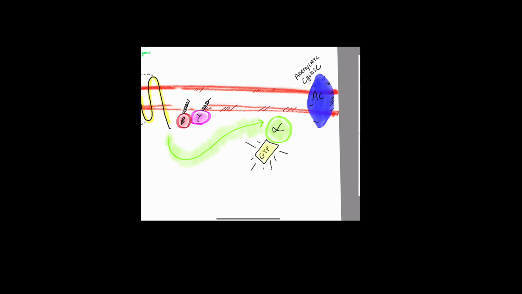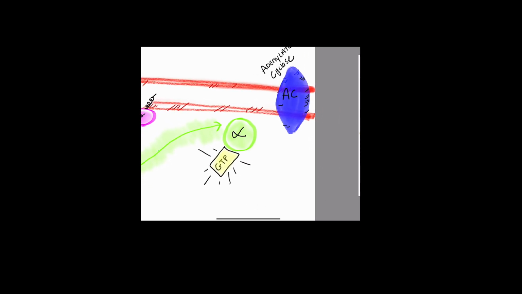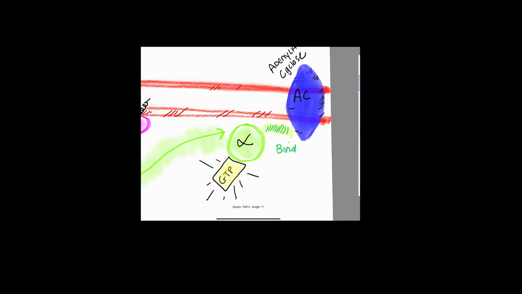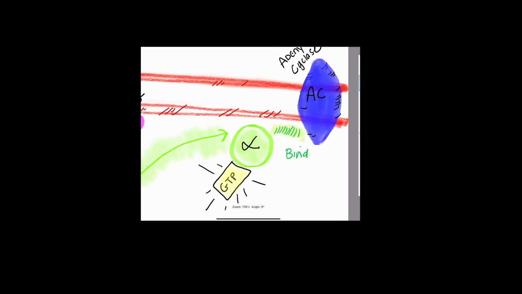This is transmembrane. And what this communication is going to do, we will see the active alpha subunit with the GTP. It is going to bind to adenylate cyclase. And once this occurs, adenylate cyclase is going to react.